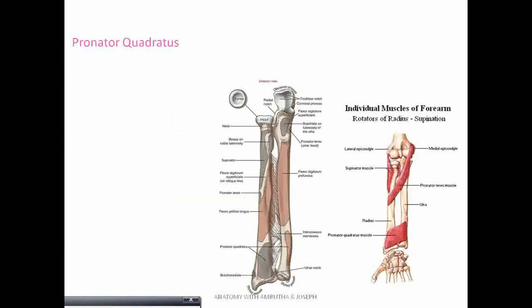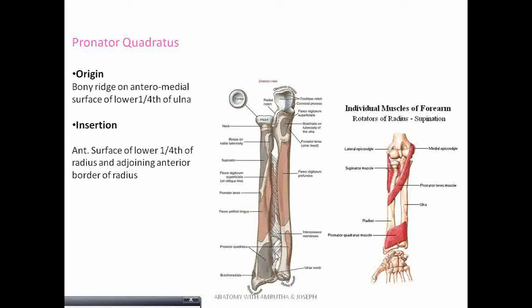Pronator quadratus. Origin from a bony ridge on the anteromedial surface of the lower 1/4 of the ulna. So it's originating from the ulna. Insertion: anterior surface of the lower 1/4 of the radius and adjoining anterior border of the radius.